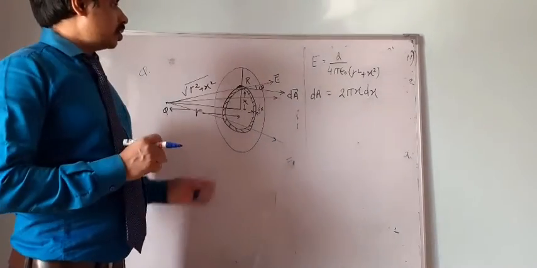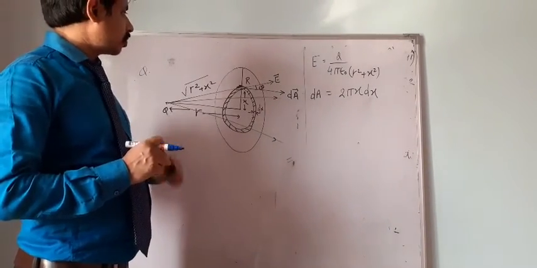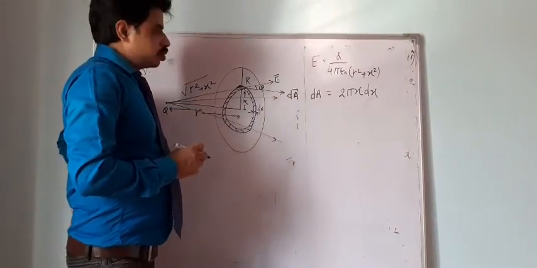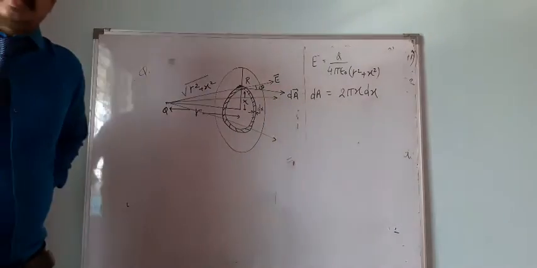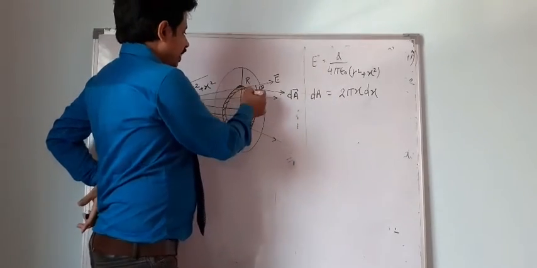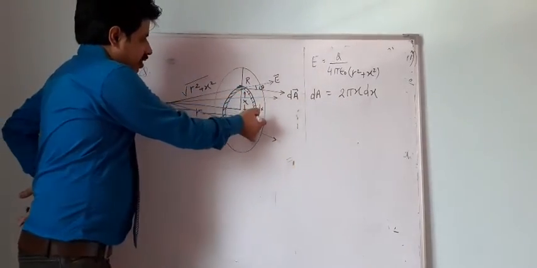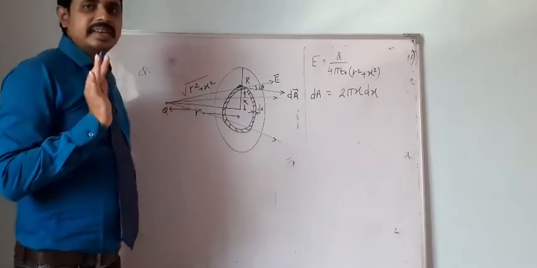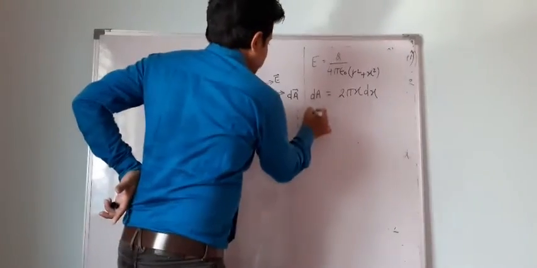Okay, so dA I got, fine. Now the flux is E dot dA. Let the flux associated through this small area be d phi.